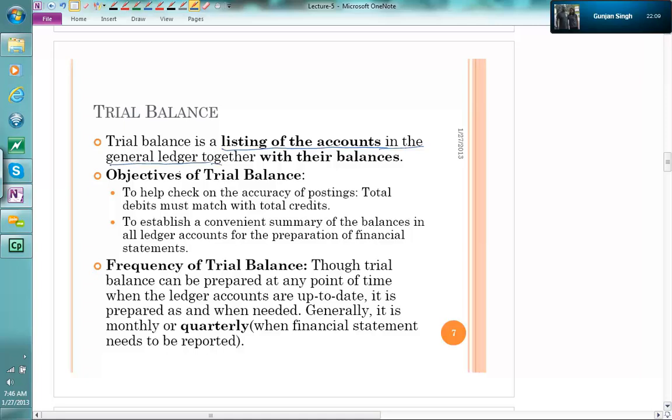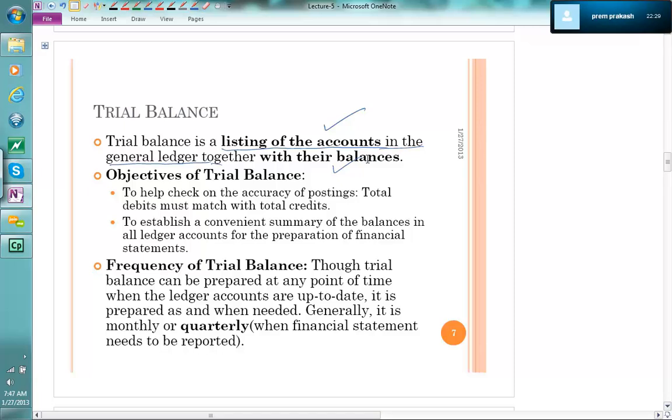When we say general ledger, we are talking about all the day books too, if they are holding on to replacing general ledger accounts. The meaning is whatever accounts you have which capture transactions of the business, a listing of all those accounts and their balances.